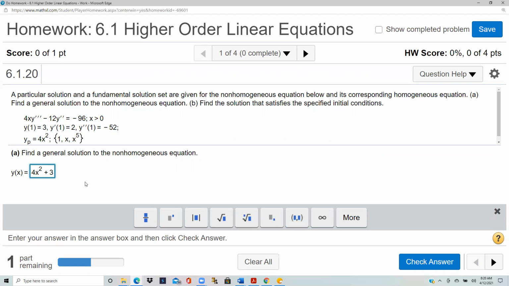So let's say 3a plus, a times y1 is 1. So this is the fundamental set of solutions. So this is y1, this is y2, this is y3. So you'll have a times 1, which is just a, plus b times x plus c times x^5.